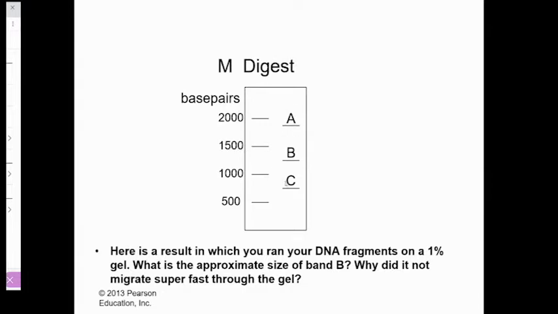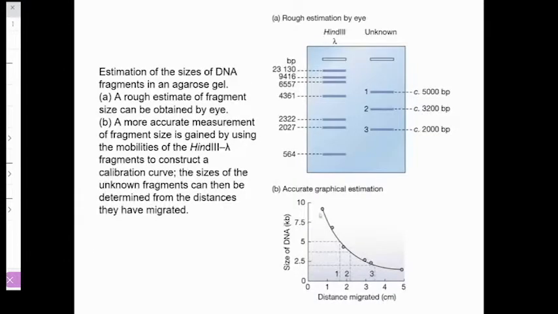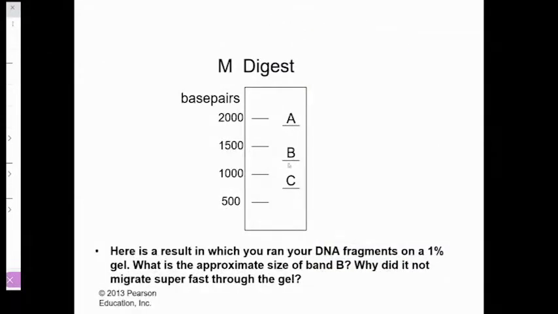So this is the unknown size DNA fragment, and here's the standard DNA marker, so that you have the standard sizes here, and then from this migration distance, you'll be able to create a graph like this. And after you create a graph like this, then you can estimate the size of the DNA fragment here. Any questions?